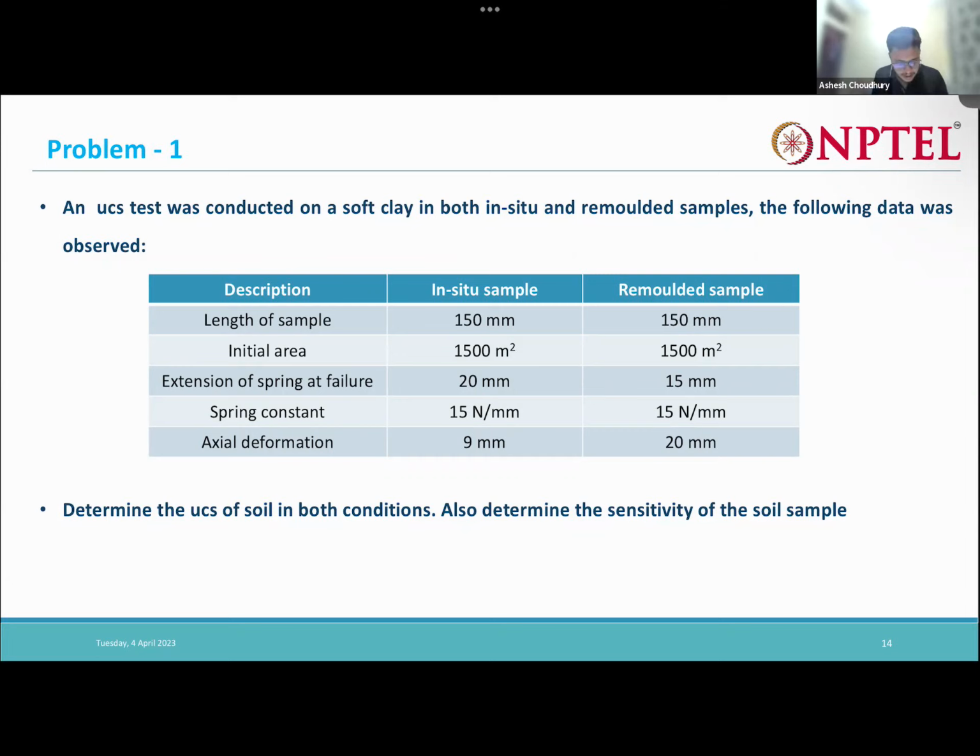Okay. So lengths are given, lengths are the same, initial area is the same, extension of spring at failure is given, spring constant is given, and axial deformation is given. We need to determine the UCS, the unconfined compression strength of the soil, in both conditions, that is the in situ and the remolded sample. And you also need to determine the sensitivity of the soil. Right. Can you recall what is sensitivity?